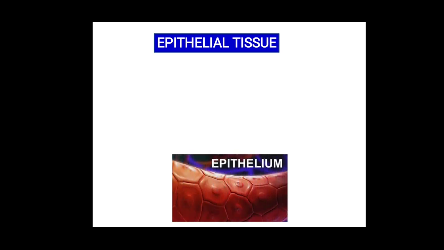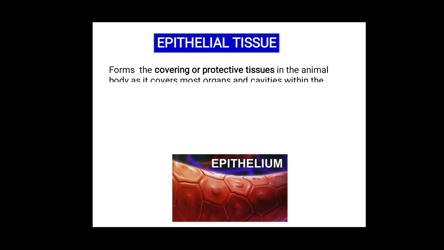Again, remember, children, that the characteristics of the tissue will always be related with the function they are going to perform later on. So, epithelial tissue forms covering or protective tissues in the animal body.